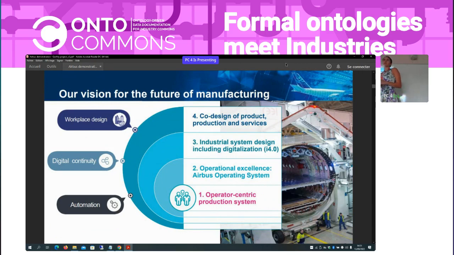Then digital continuity, of course, and on that point I will come back: how we apply ontologies to support us. And third, automation. In all of these steps, wherever we can bring automation and capitalize the knowledge that we have collected over many years, that's another thing that we're checking.